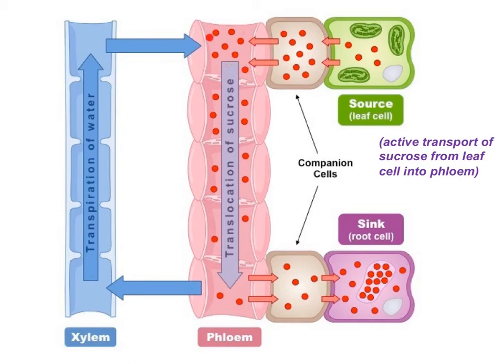Now, in order for this phloem sap to be able to flow and to be moved to other parts of the plant, you're going to need water. And so phloem are usually located next to xylem vessels where water is being moved. And so when you load sugars in this source area in the phloem, water usually flows from an area of high water concentration to low water concentration, or water will go to where there is high solute.